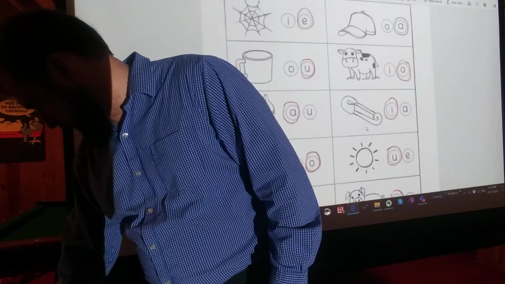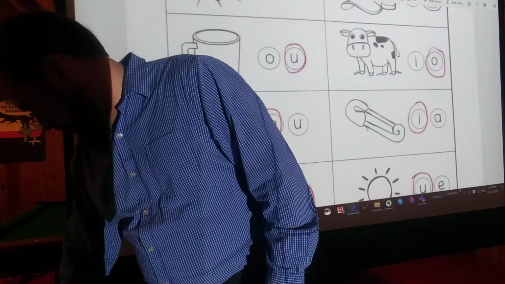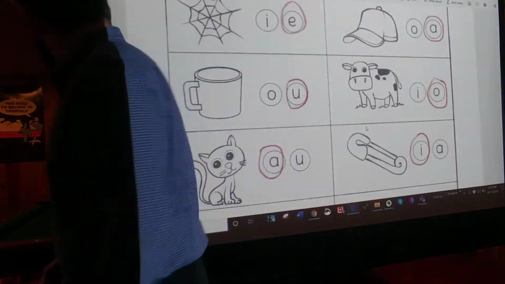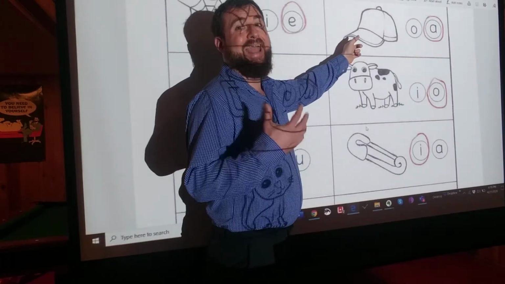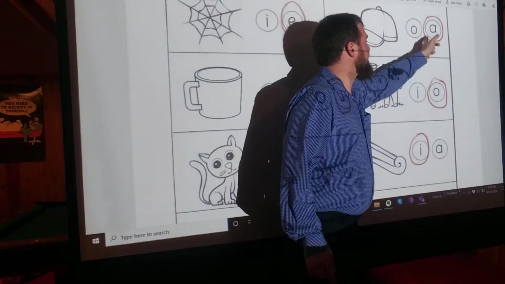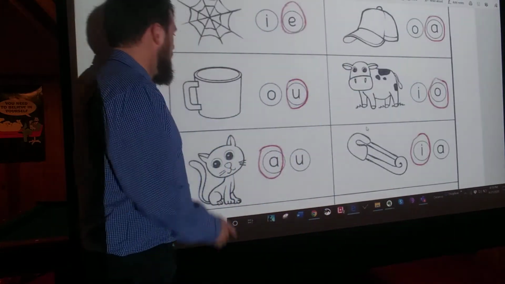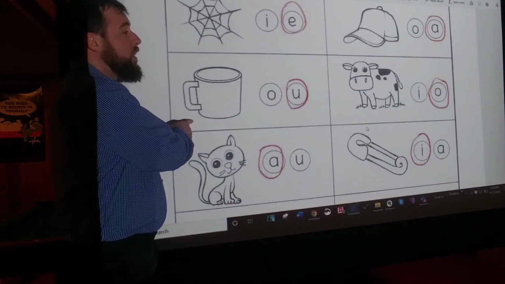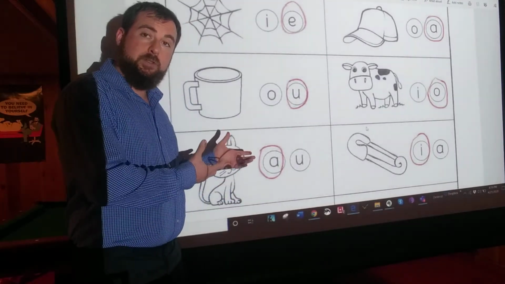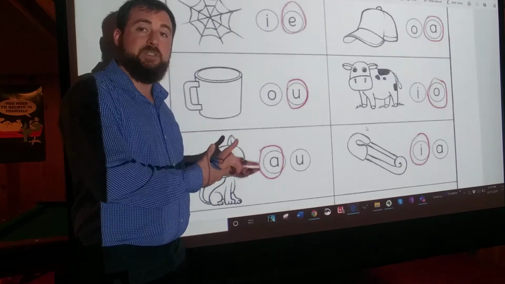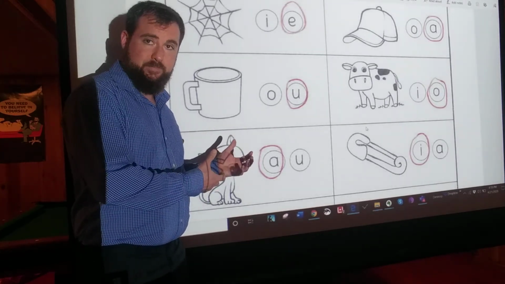Sorry about that. Alright, I'll zoom it in a little bit. Okay, so this is a cap. Remember? Cap. Mug. And I hope you notice these are the same words that we've been using in all the other worksheets in class that came before this lesson. Okay?